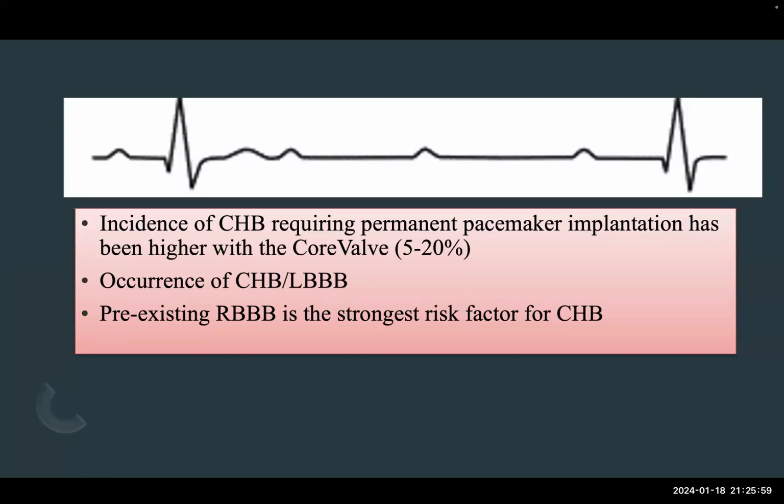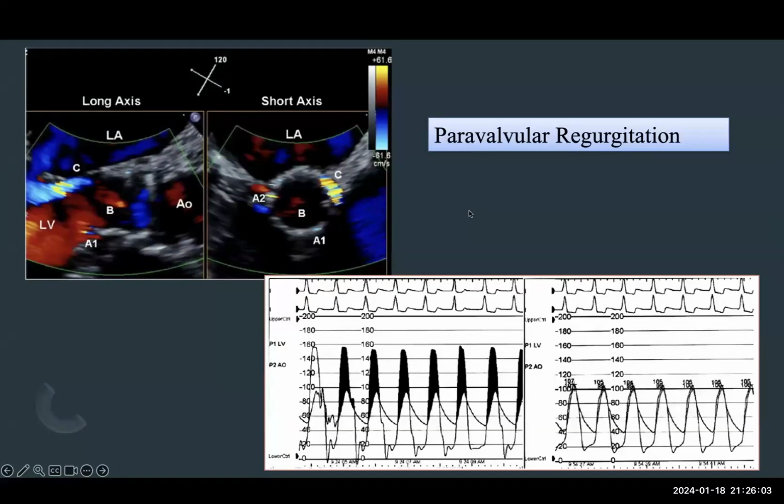But there is something you need to know at your level. If a patient has a paravalvular leak and it is moderate, what about if it is severe? It's dangerous. It's a killer. It's mortality. We should not have moderate or severe paravalvular leak.